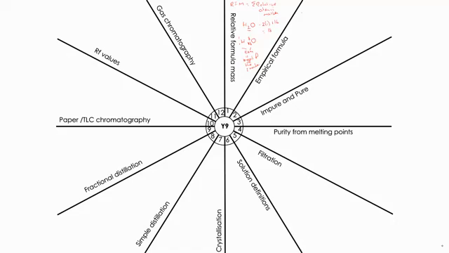The empirical formula is the simplest whole number ratio of atoms of each element in the compound.